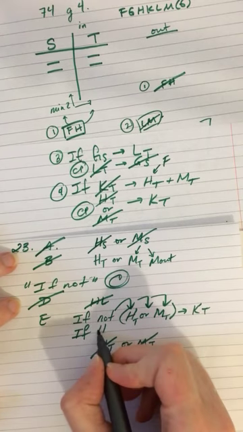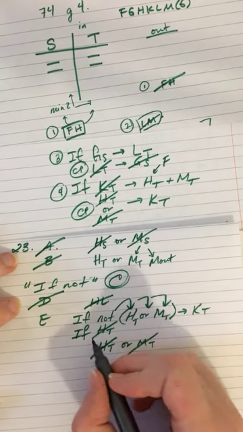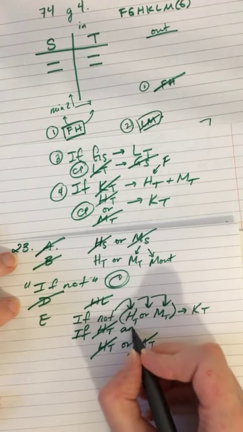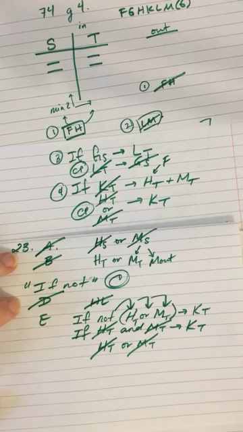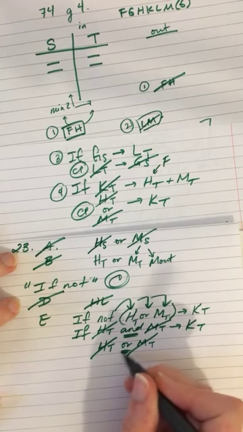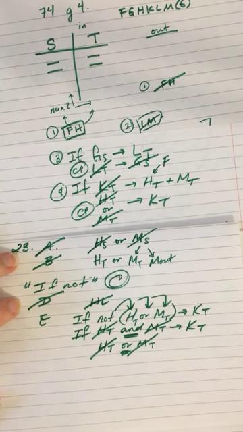And so what we would actually get is if H isn't assigned to T and M isn't assigned, then K must be assigned to that ceremony. So small difference there, but it matters. So E is not, in fact, a logical equivalent to the contrapositive.